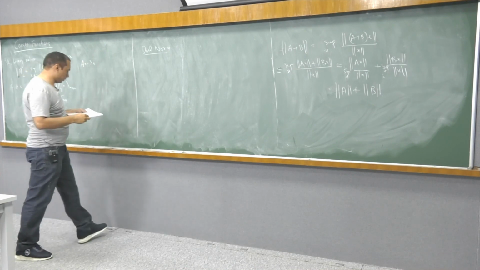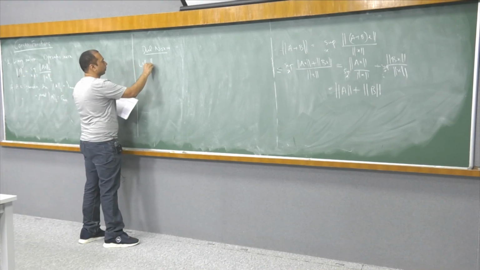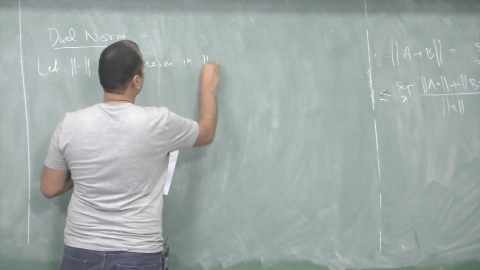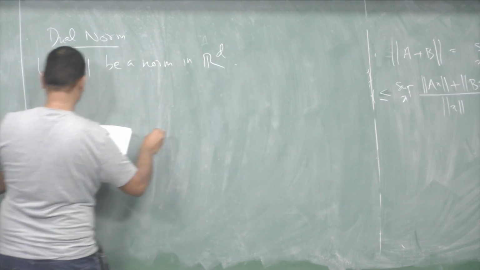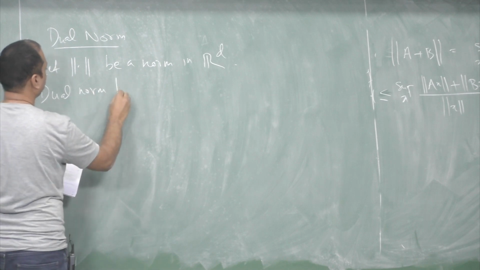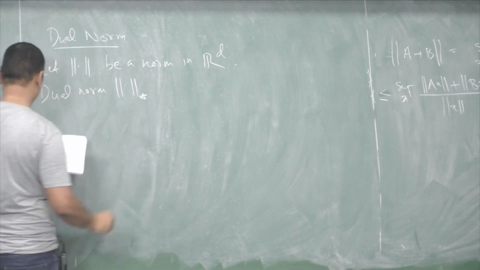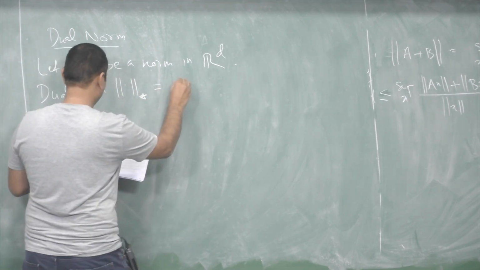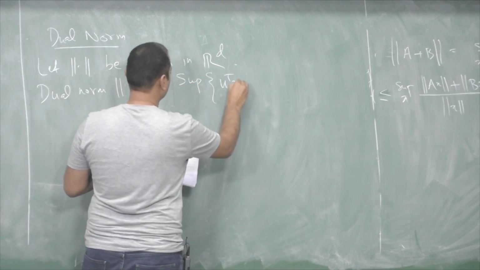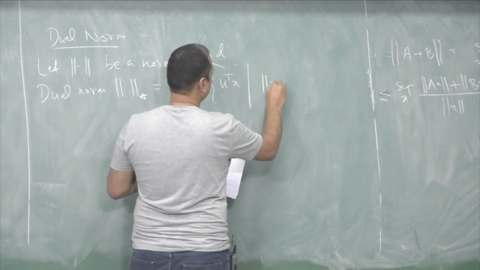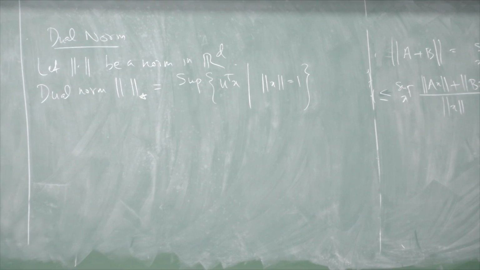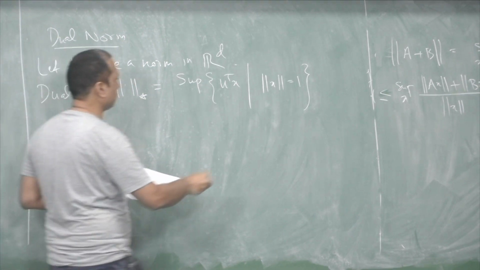Let this be a norm in R^d, then its dual norm, denoted by star, is defined as the supremum of u transpose x given norm x is 1, or less than or equal to 1.